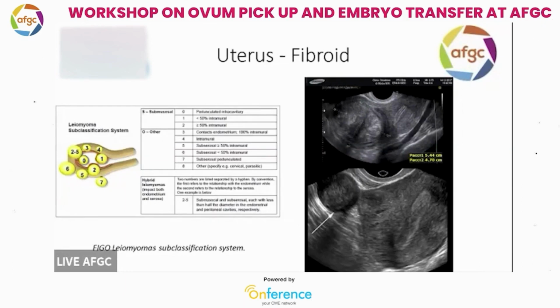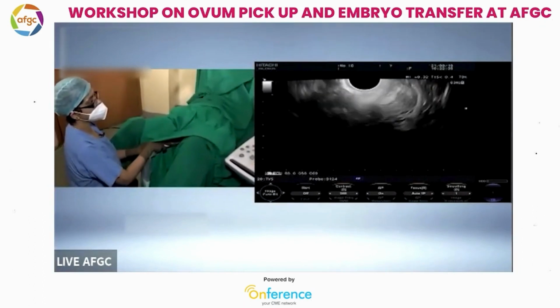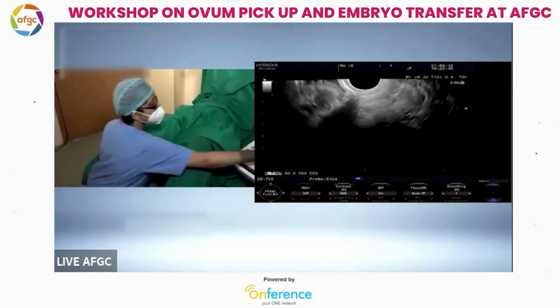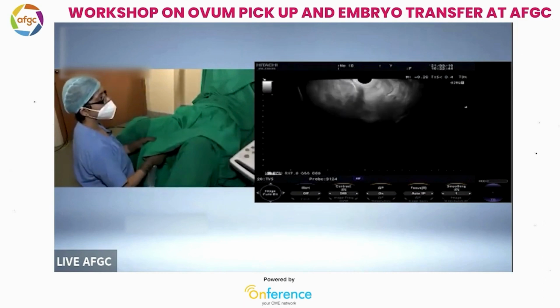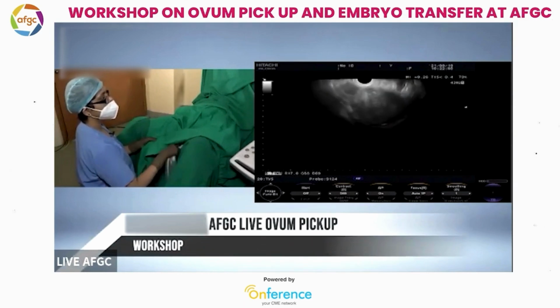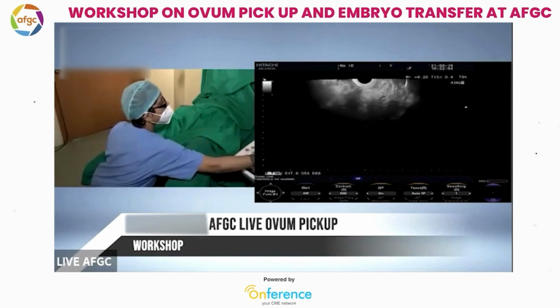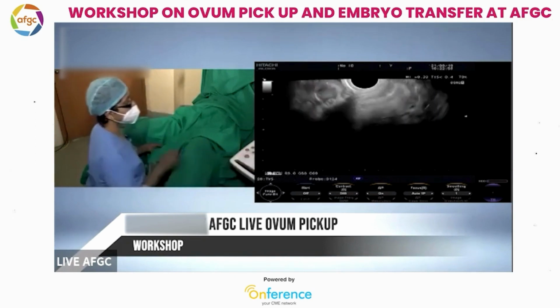We need the two shots. Now the importance of this is what I explained in the beginning. Now let me zoom out. Okay, so this is a large fibroid. In such patients, if you have zoomed in, you will not be able to make it out.